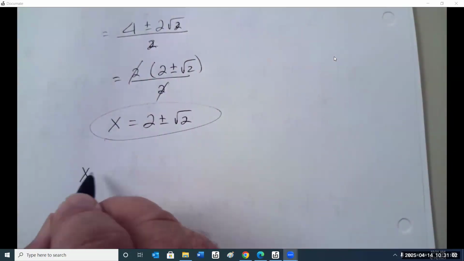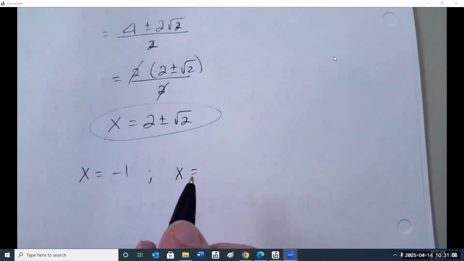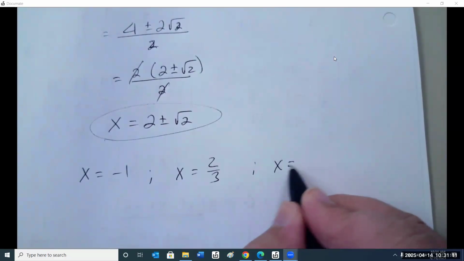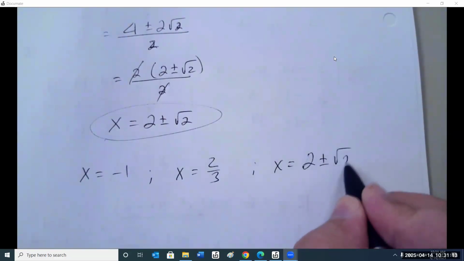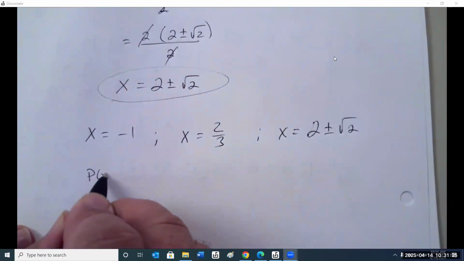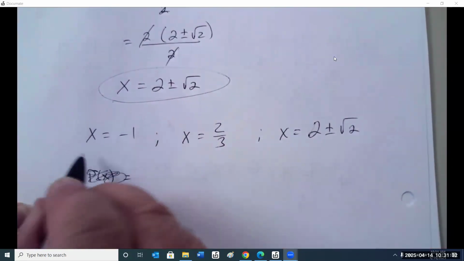So we have x equals -1, x equals 2/3, and x equals 2 plus or minus radical 2. Which then makes our polynomial, remember, before we do that, each of these have to be set equal to 0.